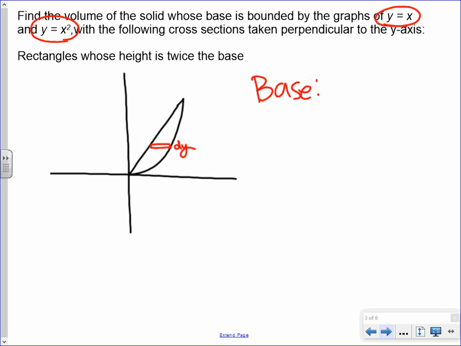Yes. Since we're going to have to integrate with respect to y, we are going to need to change this to x equals y, and we're going to have to change this to x equals positive radical y. So now that we've rearranged those, Jake, what would those bases be?